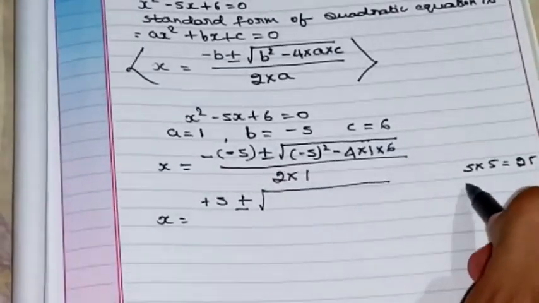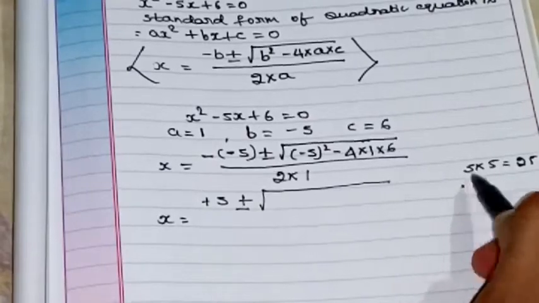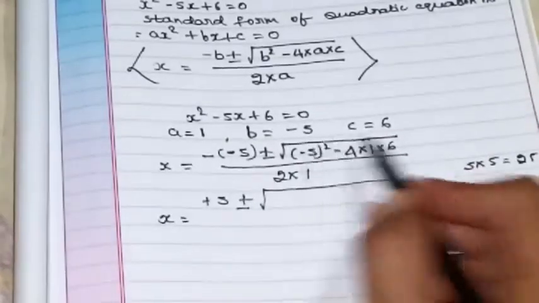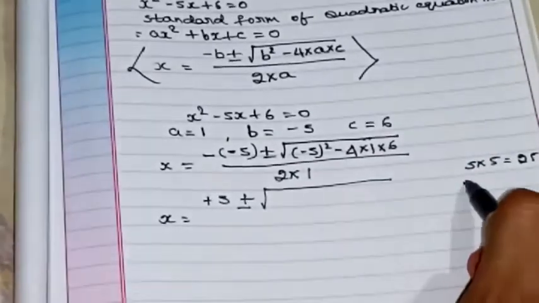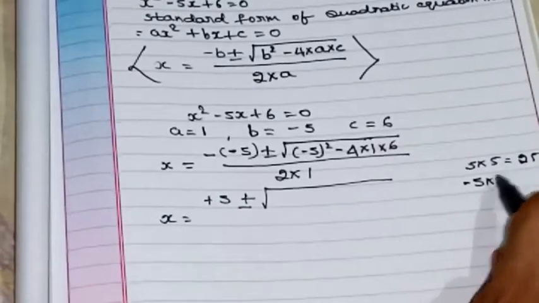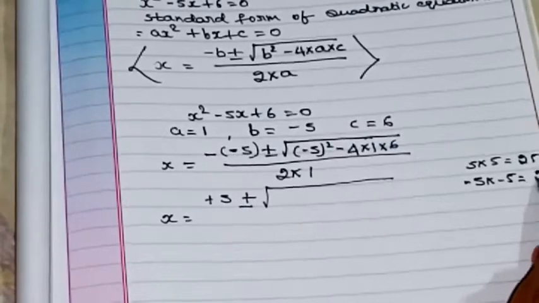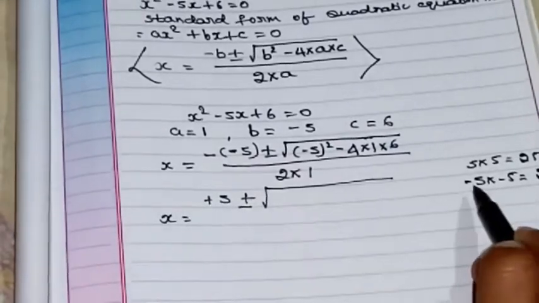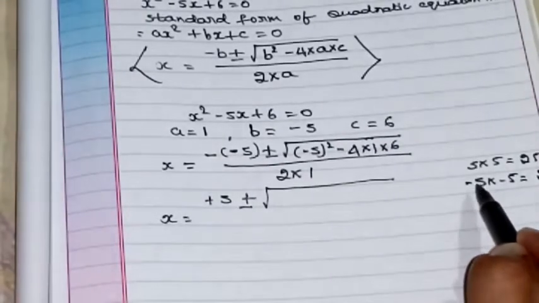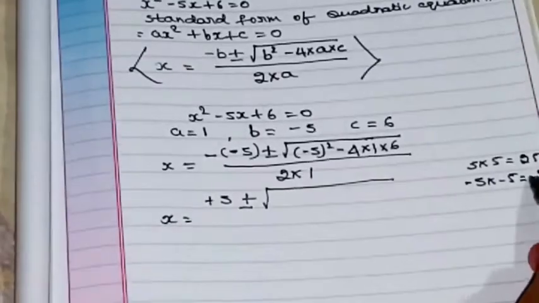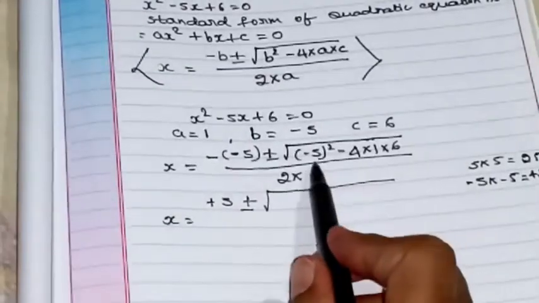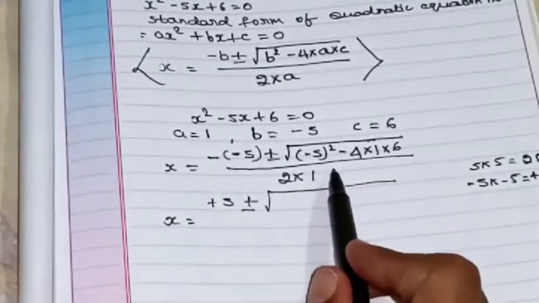Now what is the meaning of minus 5 square? So minus 5 square is nothing but minus 5 into minus 5. First multiply the numbers. 5 5s are 25, right? Now also multiply the symbols, where minus into minus is plus. So therefore any minus square will be plus.